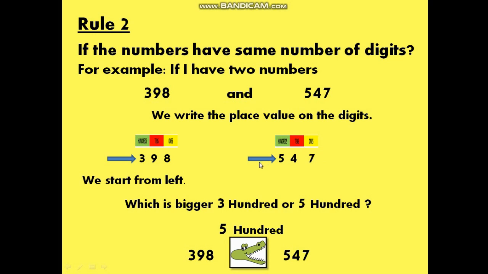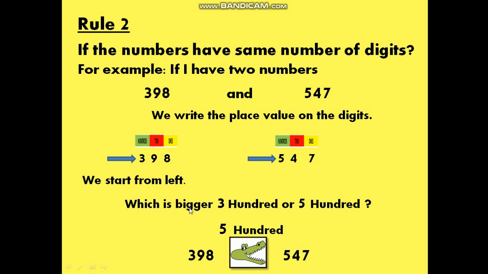Now please understand this rule that we have to start from the left. The comparison starts from the higher place, the bigger side of the number. Because 3 and 5 are at the hundreds place, their place value is more than the others. So we will compare them first. How?